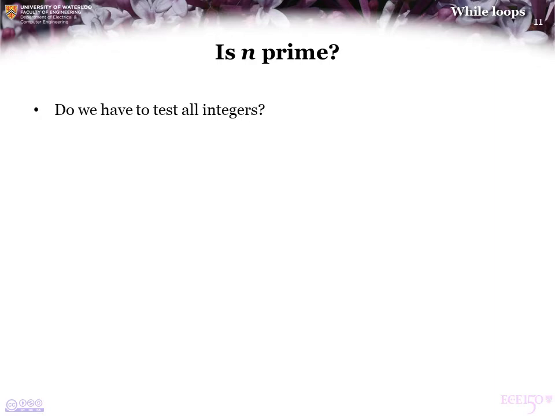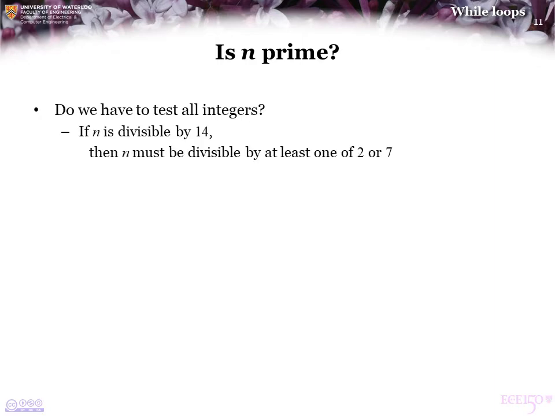Now, do we actually have to test all integers from 2 to n minus 1? Well, suppose we found that n was divisible by 14. Well, 14 is not prime, and 14 is equal to 2 times 7. So if n is divisible by 14, then n must also be divisible by either 2 or 7.